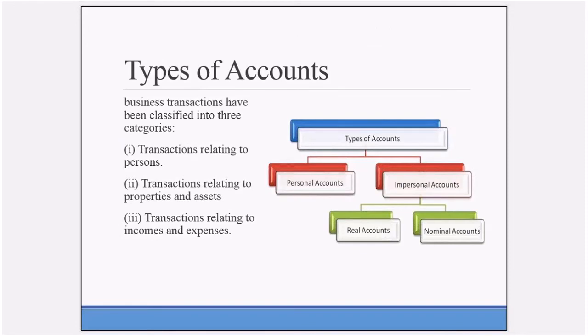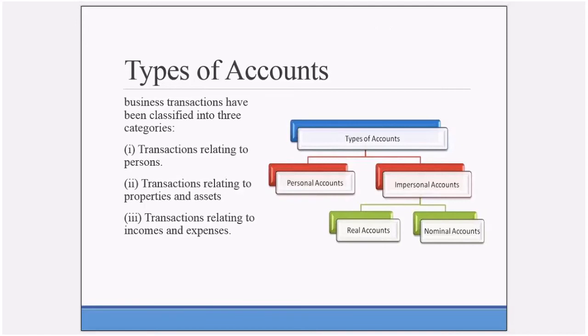Broadly, the accounts can be classified into two major categories, personal accounts and impersonal accounts. Personal accounts, as the name suggests, are about persons. They include debtors and creditors. Anything which is related to a person comes under personal account.